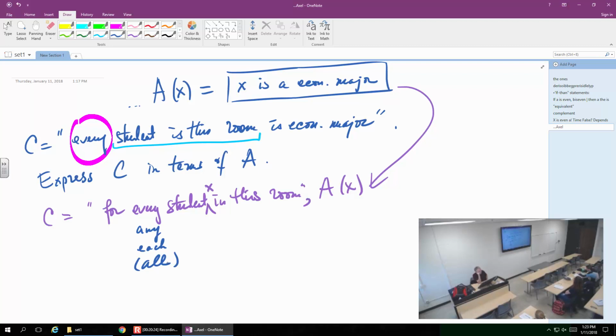But in a mathematical context, any means all. It means every and each. So we test every student in the room and verify whether he or she is an economics major. Okay. So then, I'm just wondering if you remember where you saw this construction previously, maybe in calculus.